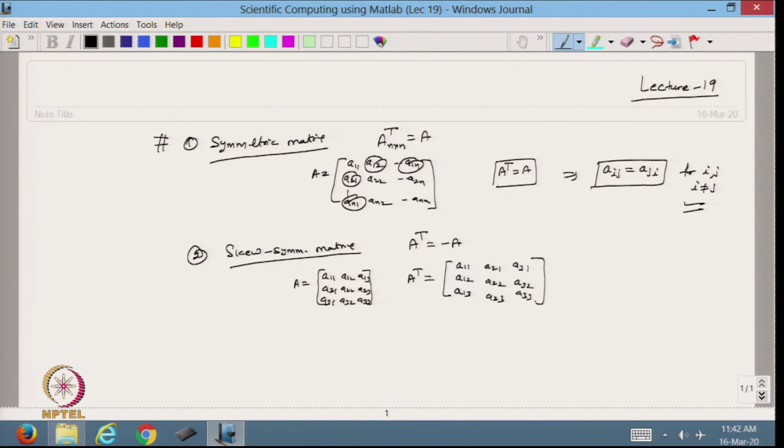Now this is equal to minus A, so minus A is A11 negated, minus A21, minus A22, minus A23, minus A31, minus A32, minus A33. If this is equal to this, then I can see that A11 should be equal to minus A11. So from here 2 times A11 will be 0, which gives me that A11 will be 0.